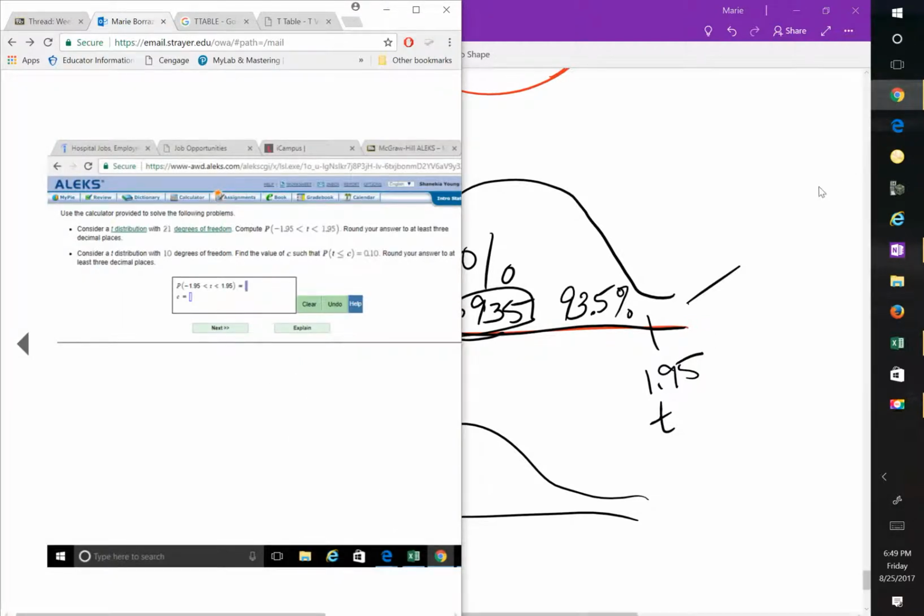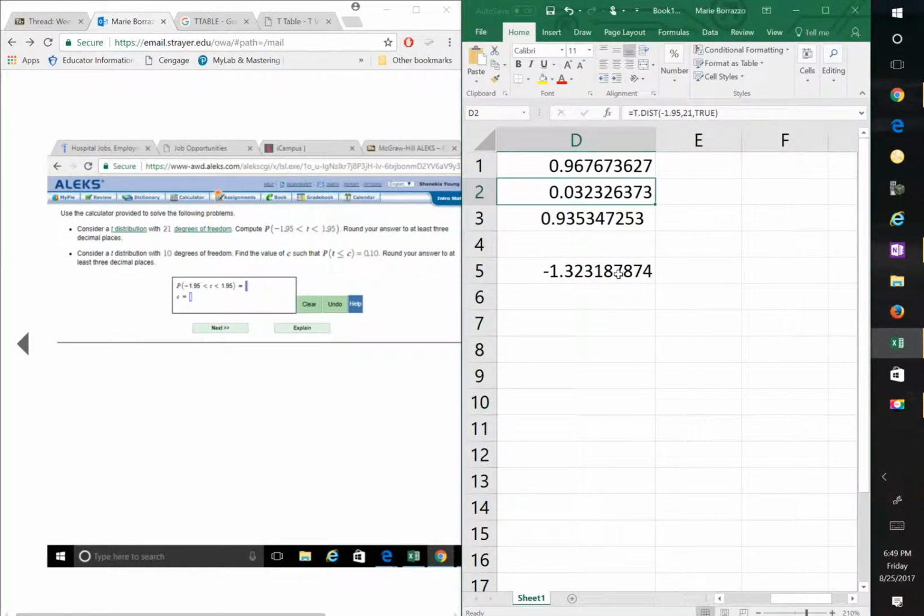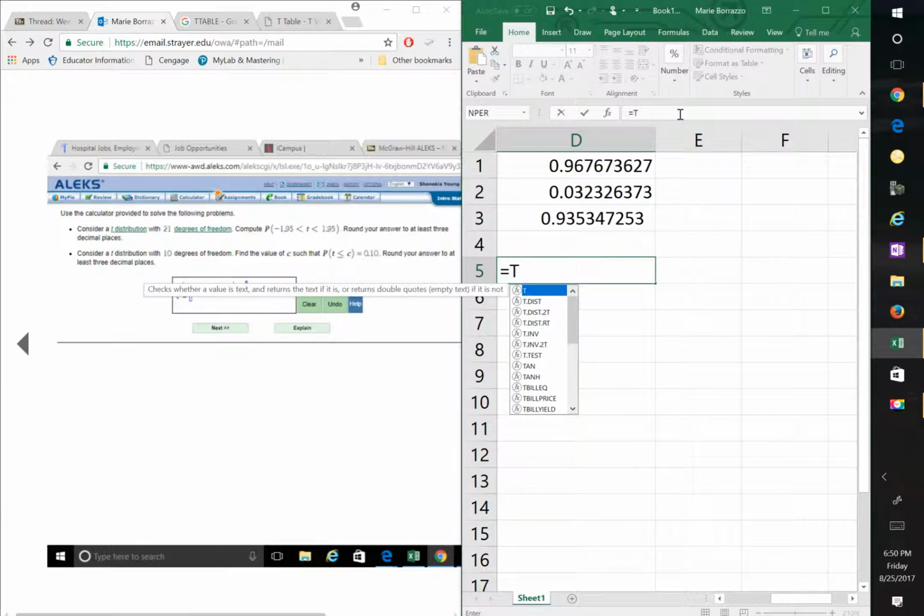So if that is the case, then what we're going to do again is we're going to pop open Excel. And notice here, because they gave me the area, I'm going to use t.inverse, and I'm going to put 0.1 because they're telling me that it's 0.1 here. And then it should be 10 degrees of freedom. So let me go back, t.inverse.